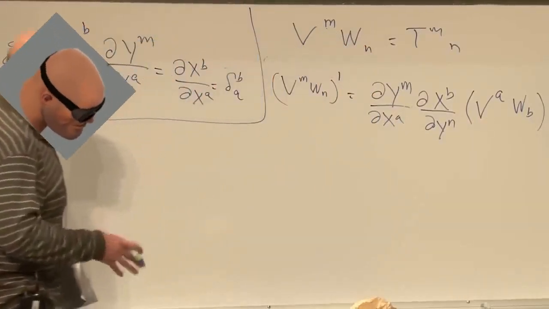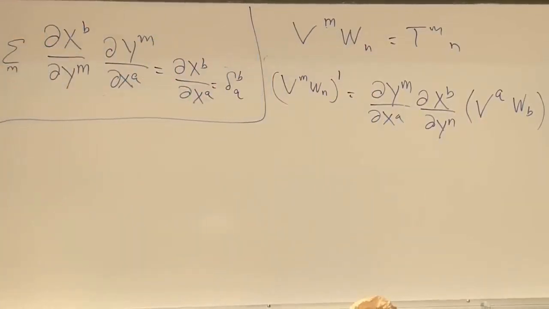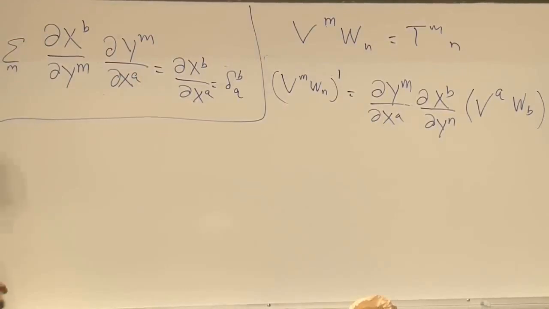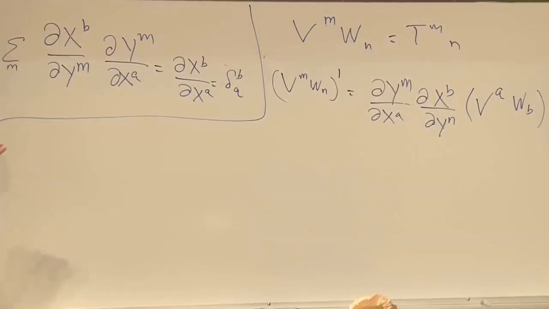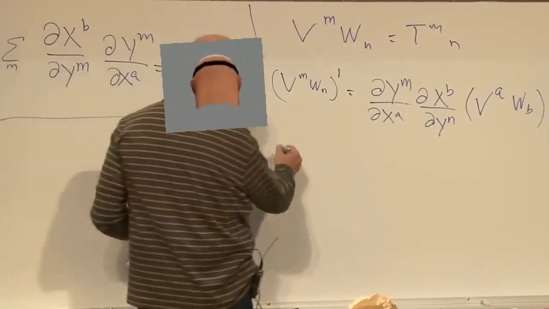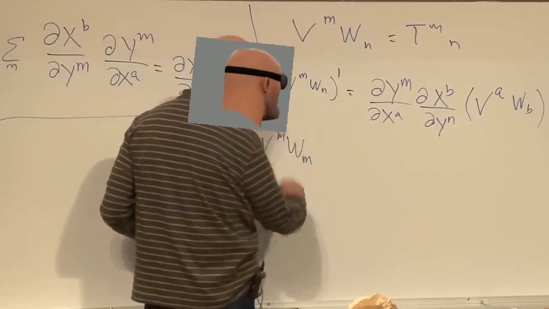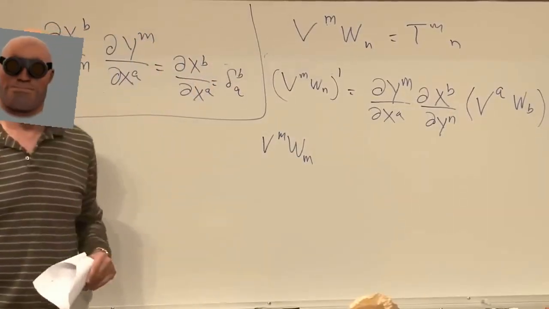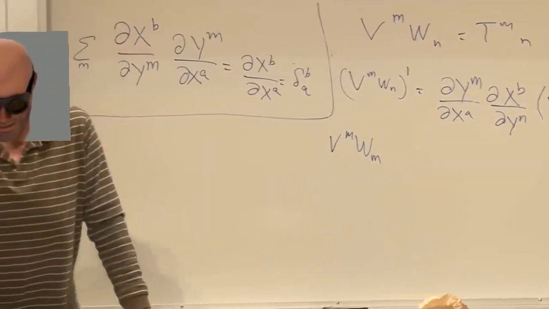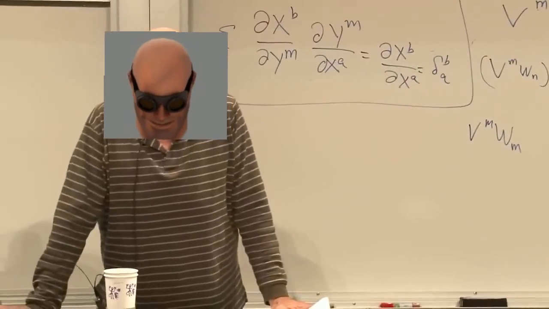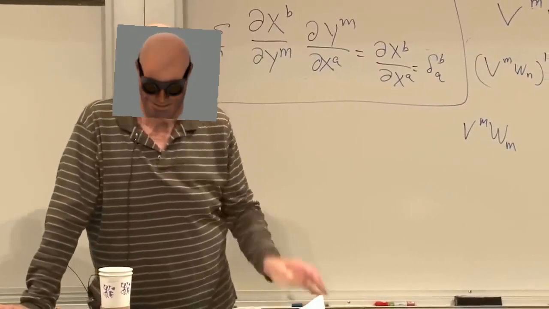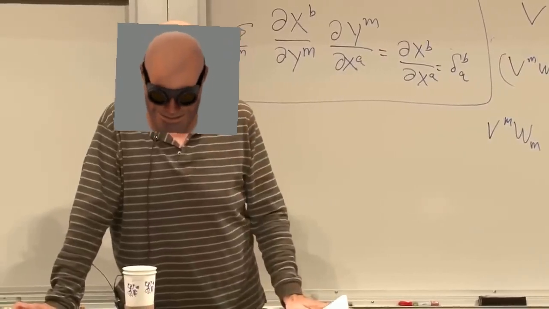Now let's set M equal to N and contract the indices. Contract means identify an upper and lower index and sum over them. So we now have V M W M. How many indices does this object have? What kind of object is this? It's a scalar.